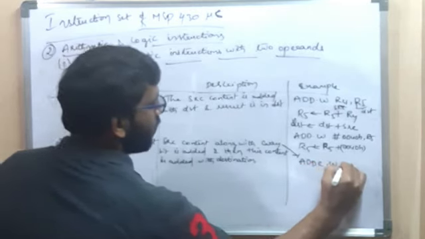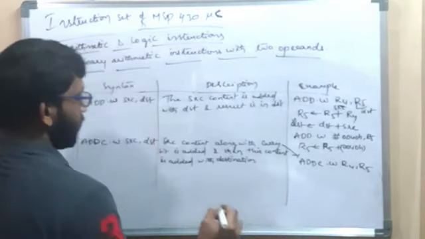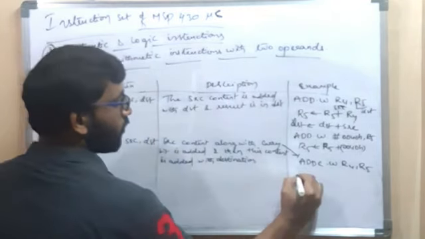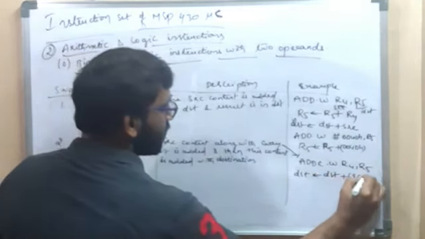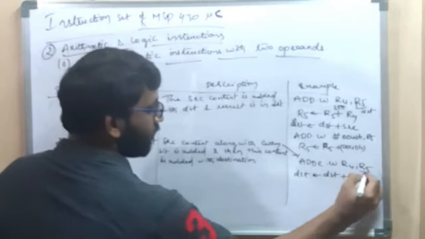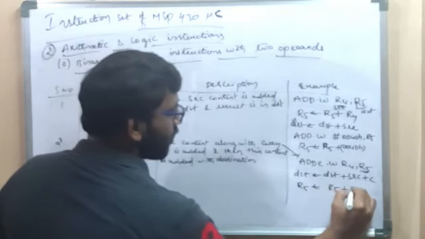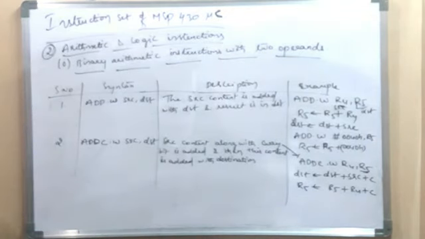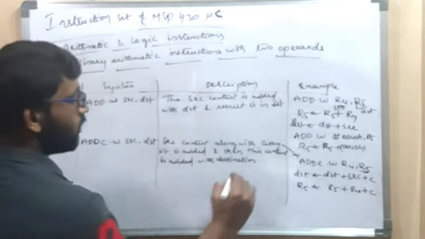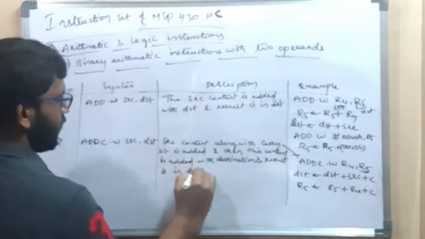Example, ADDC.W R4 comma R5. The syntax for this is DST implies DST plus SRC plus C. So here DST is R5, R5 implies R5 plus R4 plus C. So source content is added along with the carry bit, and then it is added with destination, and result is in destination.